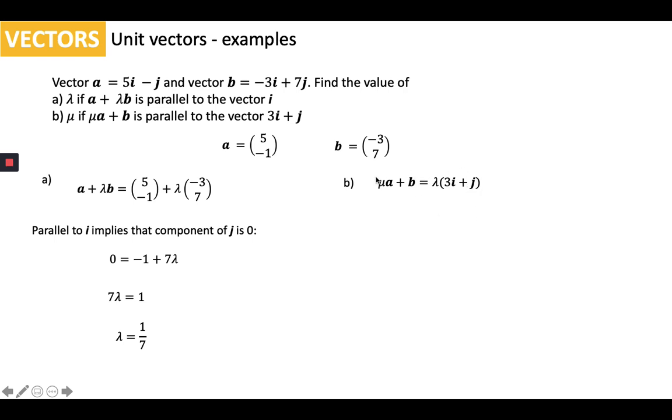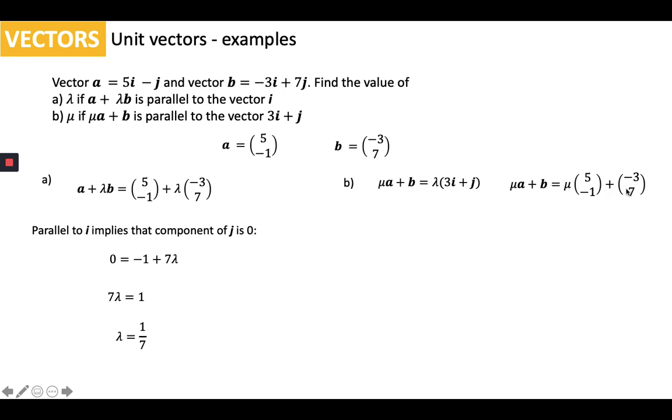Okay, this is my definition of parallel. I don't know what these values are yet, but that's what I want to try and find out. Now, I also know the value of a and b, so I can start calculating this. Mu lots of a plus b is mu lots of 5, negative 1, plus negative 3, 7.